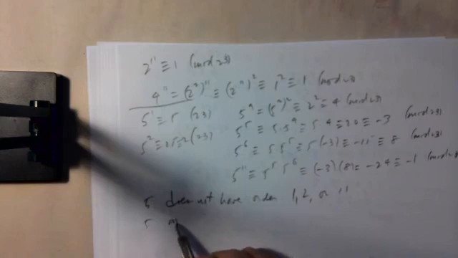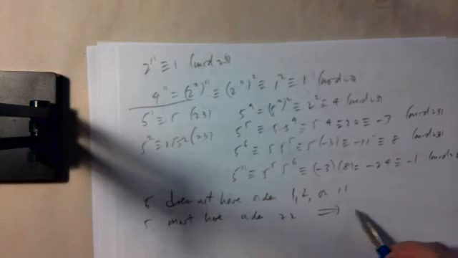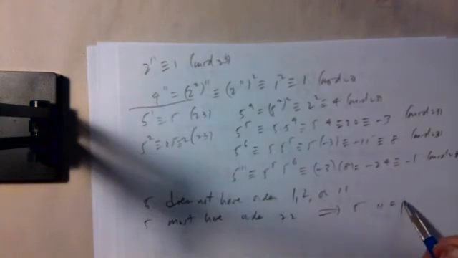That means 5 must have order 22. So 5 is a primitive root. So this is one primitive root.